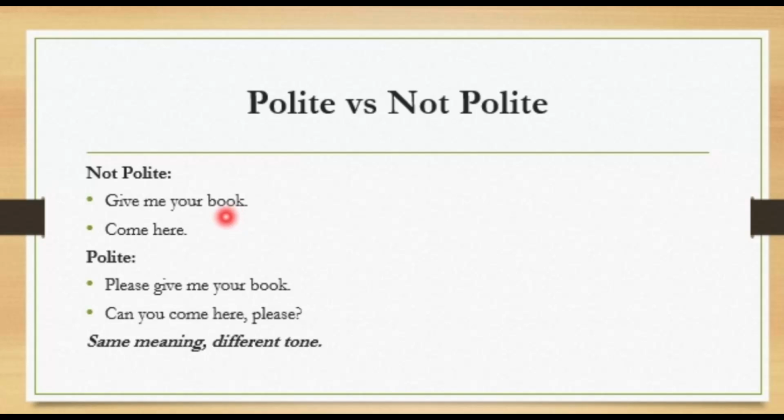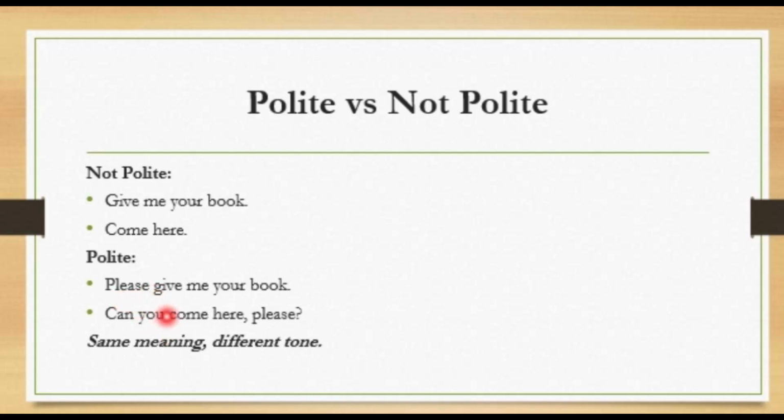So maybe between two friends or between two peers, they have the same age, the same level, so they don't need to care about anything. They don't need to be polite. So give me your book. Not very polite. Come here. So come here. Maybe a teacher is talking to a child or a student. Not very polite.